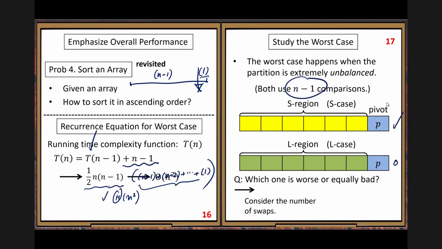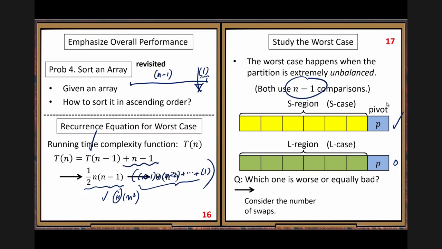Quicksort, you cannot avoid a very bad worst case. It could occur, but why do people still use it a lot? Because the probability for this case to occur is very low.